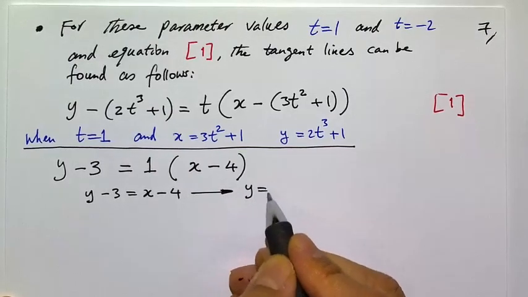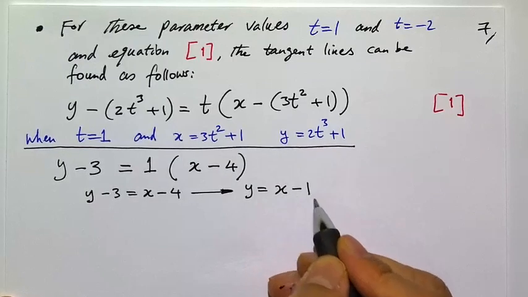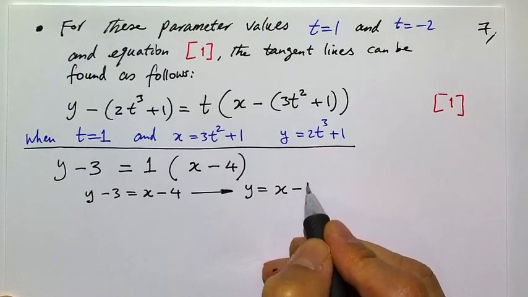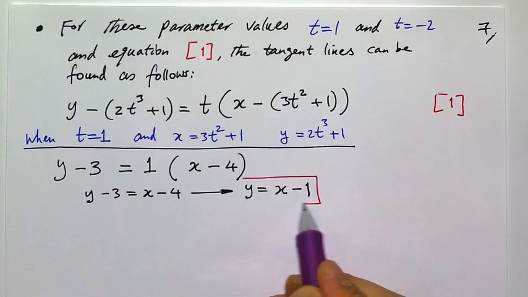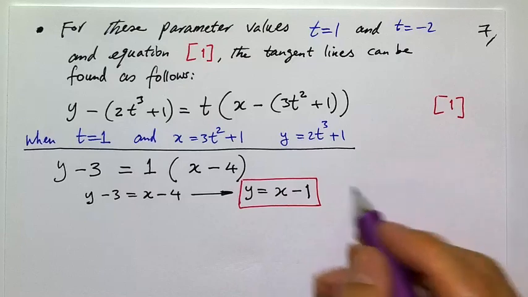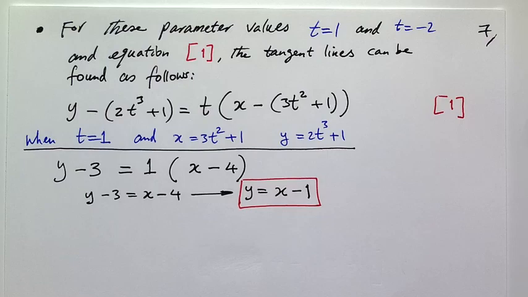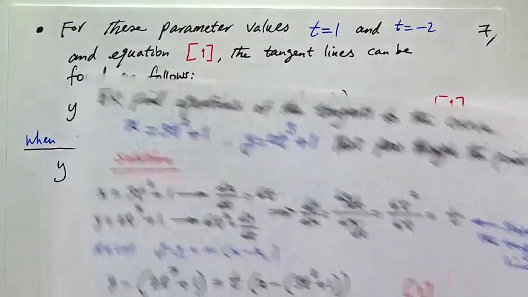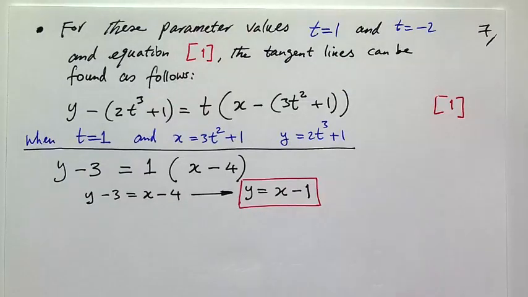Therefore, moving this to the other side, y equals x minus 1. So this is the tangent line at 4, 3.